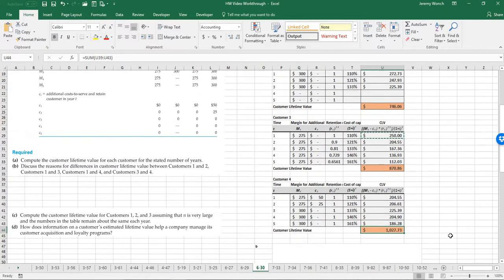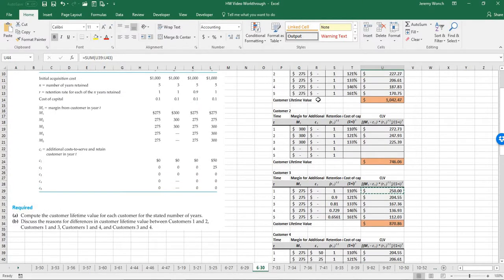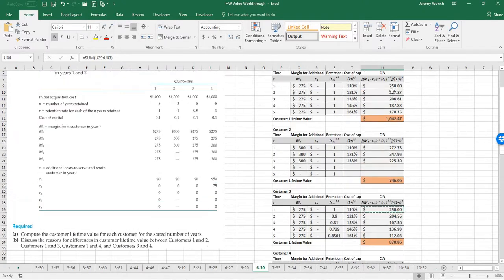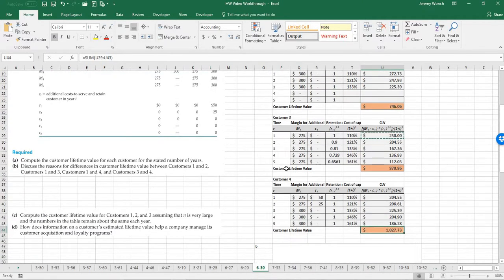Because of those additional costs, customer 1 is still going to show better. However, if we were to run this beyond 5 years, because the cost per customer tends to drop off but their margin stays higher, then over the long run, if this were to run out to 7 or 10 years, customer 4 might actually be the best customer here. So it all depends on what the assumptions are.